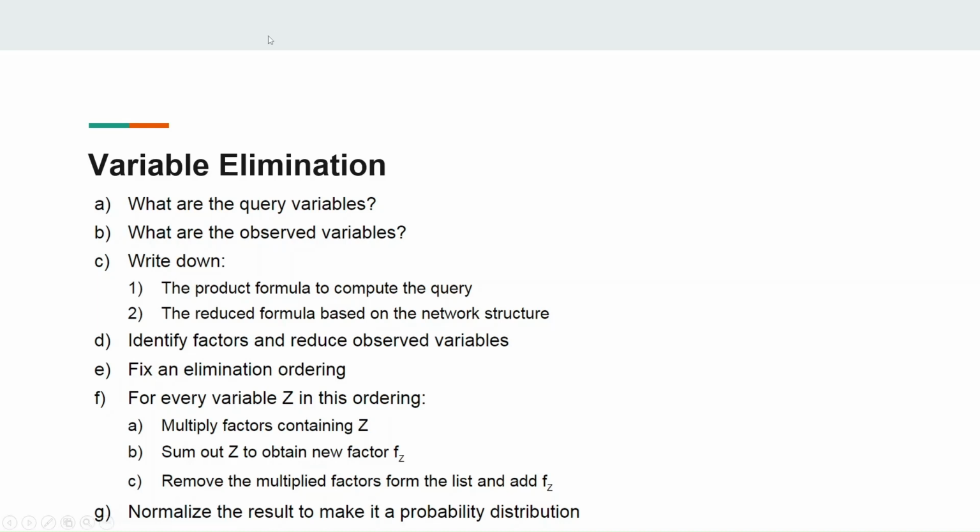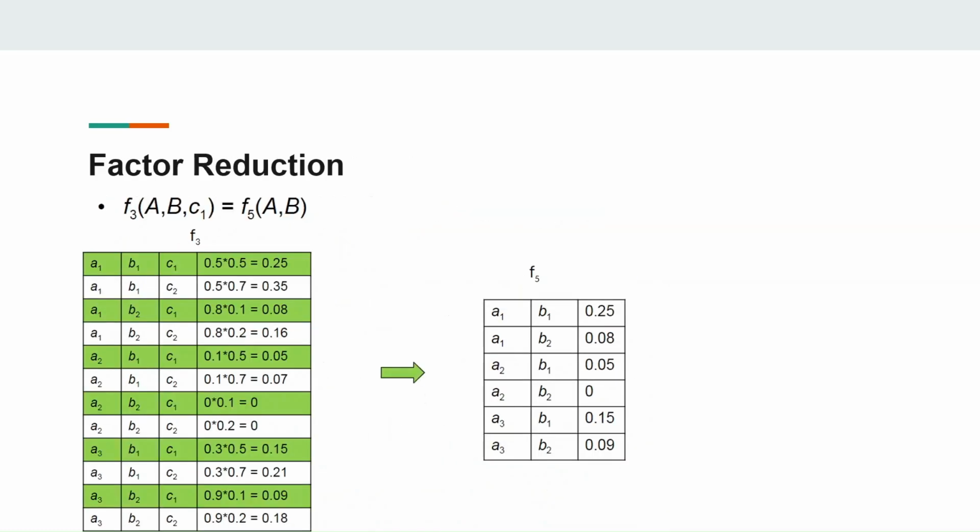About reduction and variable elimination, which part is actually reduction? Because I remember from the assignment I was a bit confused about that. Well, okay, if we go back, reduction is basically this one. So you have some evidence, right? Because you want to compute a conditional probability, you need evidence.